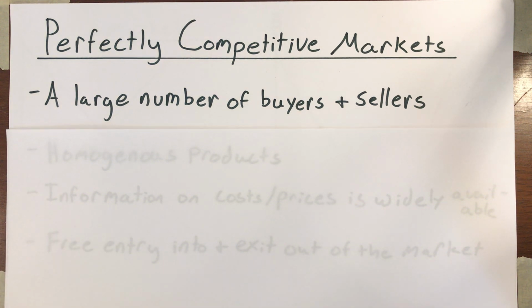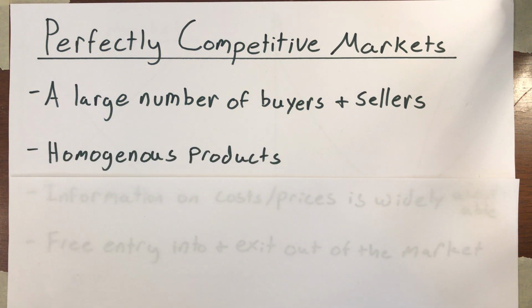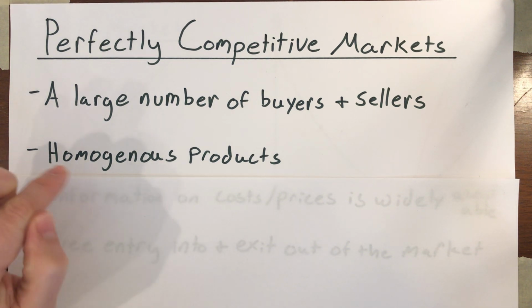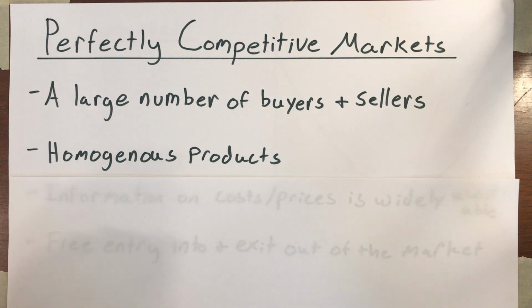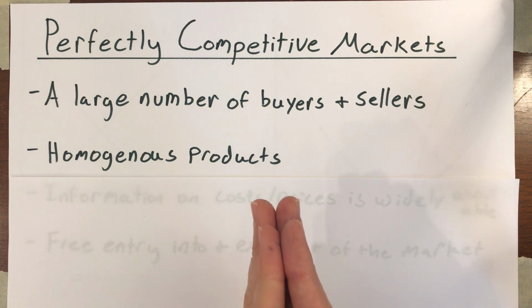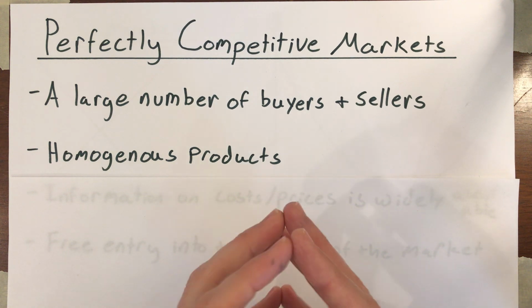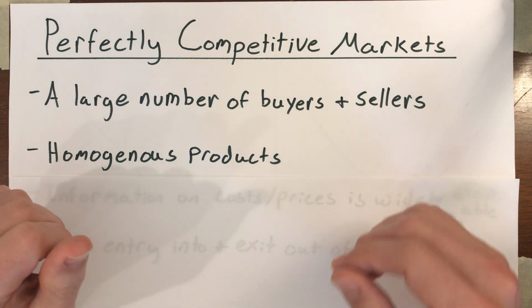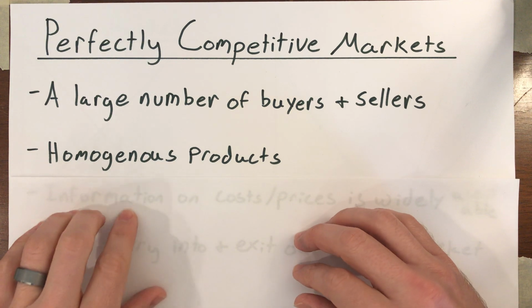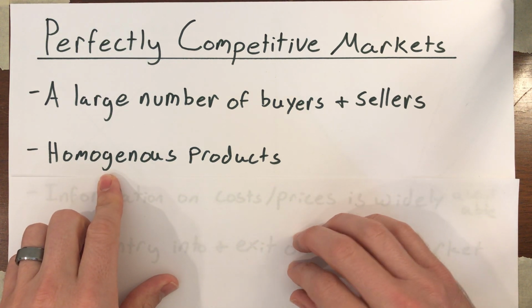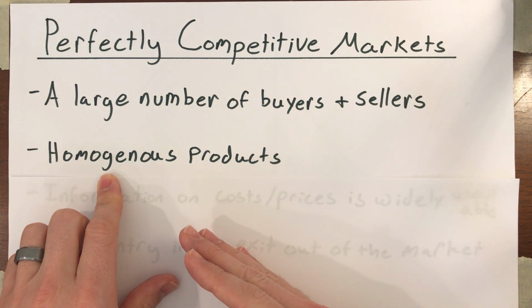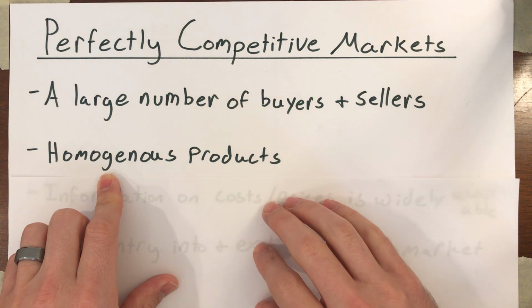The second characteristic is that the sellers in this market need to be selling homogeneous products. Homogeneous is just a fancy word for saying all the same. Okay, homogenized milk is milk that has the milk fat evenly spread throughout the entire glass of milk. So what that means is they're not selling a product where you can differentiate what you're selling from what a competitor is selling.